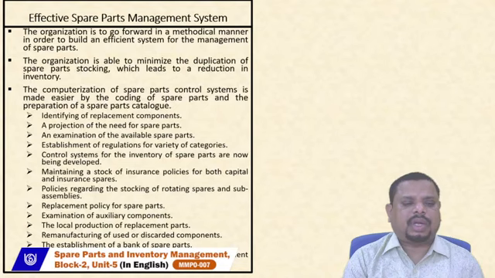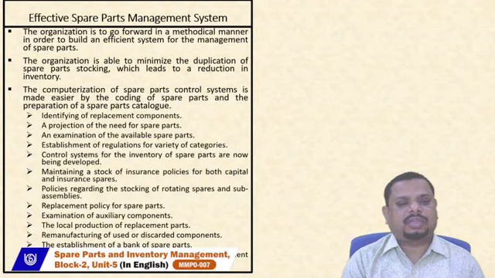The next is examination of auxiliary components, the local production of replacement parts, the remanufacturing of used and discarded components, and the next is establishment of a bank of spare parts. And last is application of computing technology to the management of spare parts. So these are the computerized spare parts control systems which are applied inside the organization.